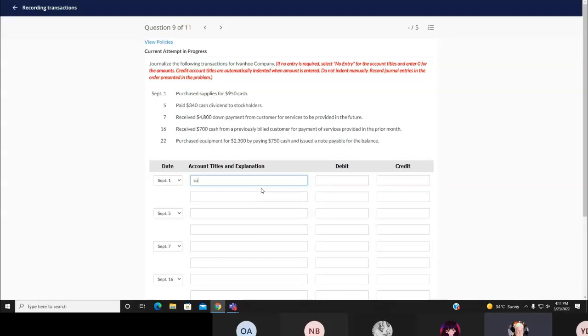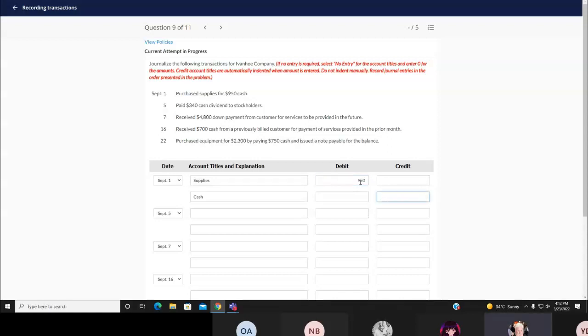Okay, now notice these transactions begin to repeat themselves. Purchase supplies. When I buy supplies, that's an asset. So the debit is supplies, not supplies expense. And the credit is, did I buy on account?